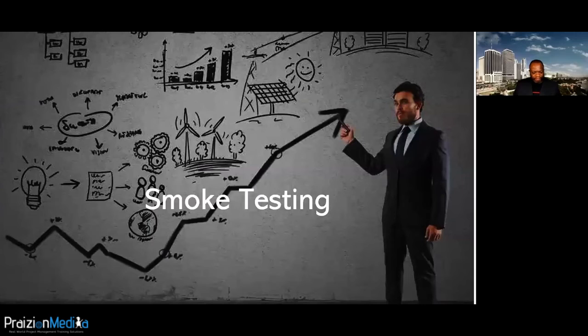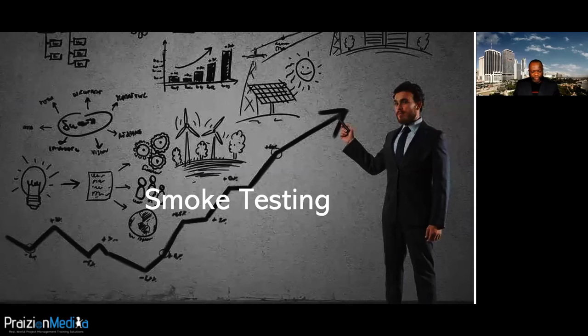Smoke testing. In computer programming and software testing, smoke testing is preliminary testing to reveal simple failures severe enough to reject a prospective software release. Smoke testing is also viewed as a way of deducing if the software build is stable or not.